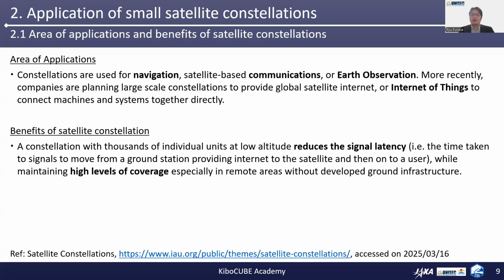In this way, constellations have the advantage of covering a wide area of the Earth by placing many satellites in low Earth orbit and reducing signal delay between users in satellite communications. Various applications have been developed by taking advantage of these features.